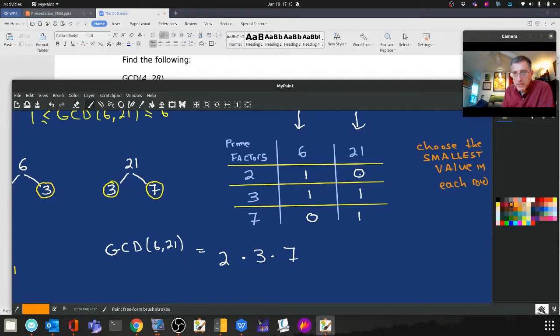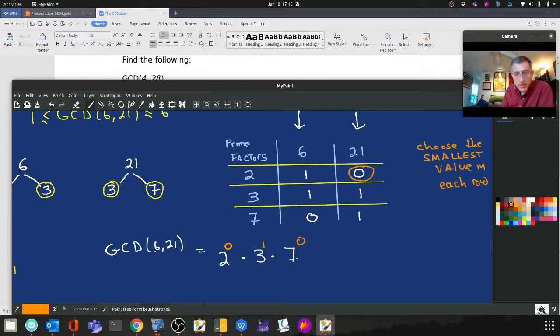So the smallest value in the row for the 2's is 0. So that's the power I put on 2. The smallest value in the row for 3 is 1. So that has a power of 1. And the smallest value in the row for 7 is 0.